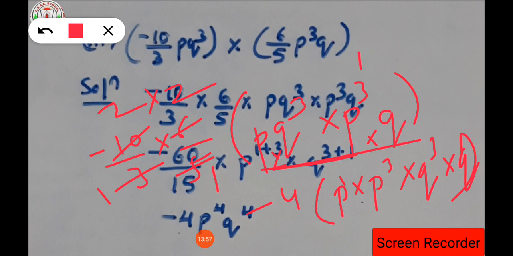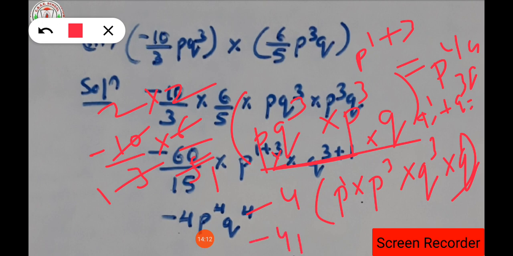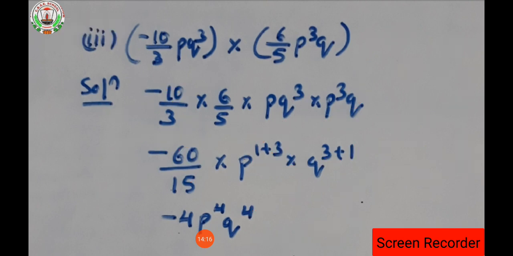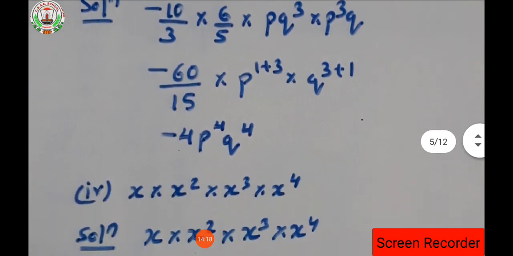So the power of p 1 is there and the power of p 3 is there. So what will it be? It is p to the power 4. In the same way, q power is 1 and q to the power 3. So 1 plus 3 will be again q to the power 4, isn't it? So what will be the answer? Minus 4, p to the power 4 and q to the power 4 will be the answer for this.